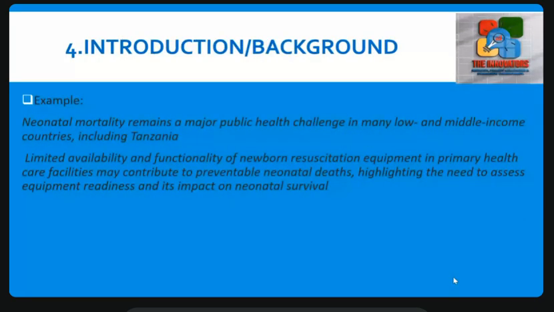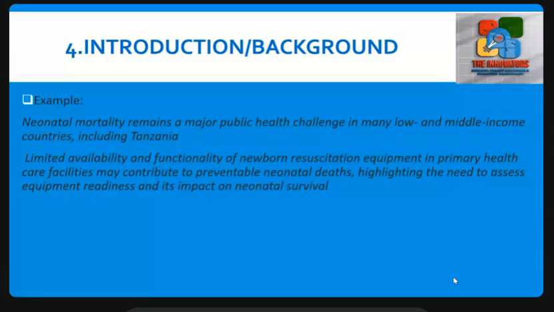Now, this is a good example of a good introduction part of an abstract for scientific publication. Neonatal mortality remains a major public health challenge in many low and middle income countries, including Tanzania.